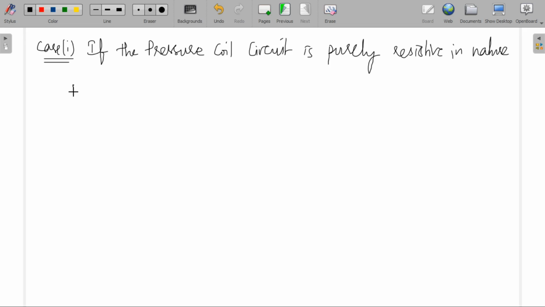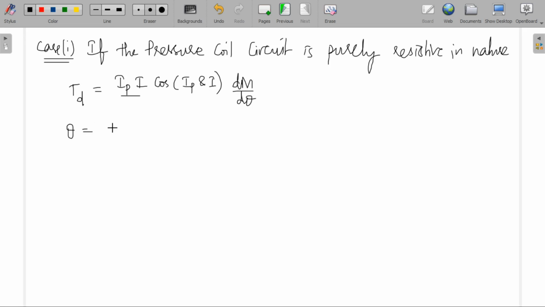You know, the deflecting torque TD is equal to IP I cos of angle between IP and I, dM by d theta.